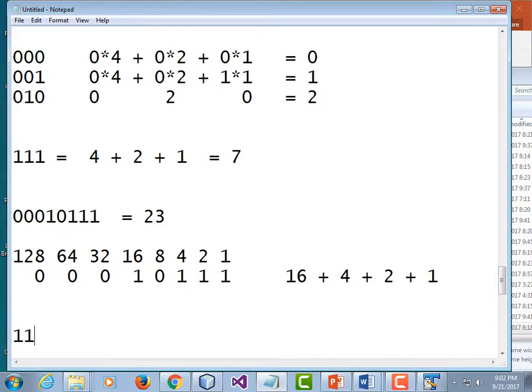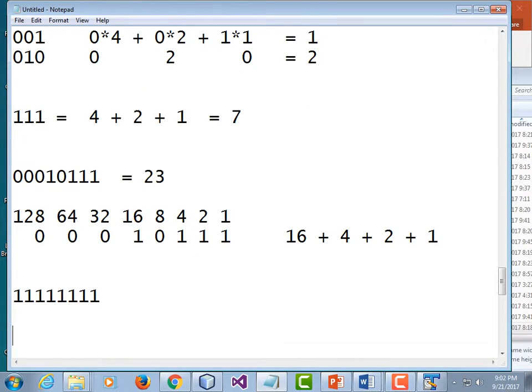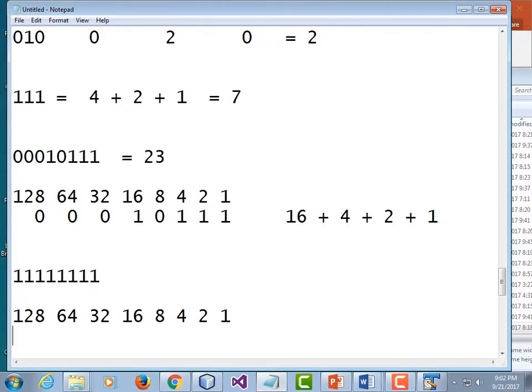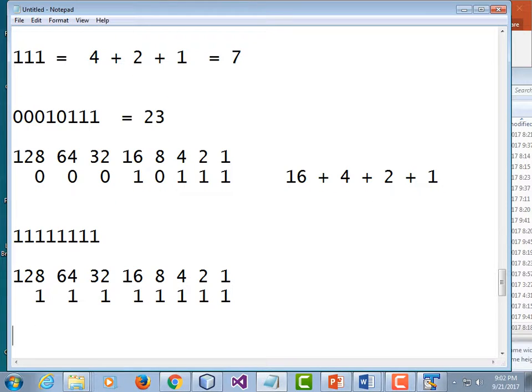Let's completely max it out. Eight 1s. I'm going to copy that again. So we have a 1 there, a 1 there, a 1 there, a 1 there, a 1 there, a 1 there, and a 1 there, and a 1 there. That's the whole shebang, right?